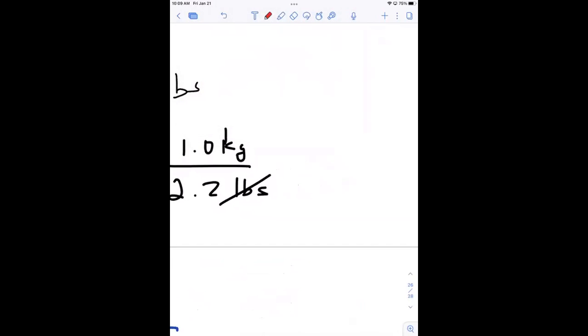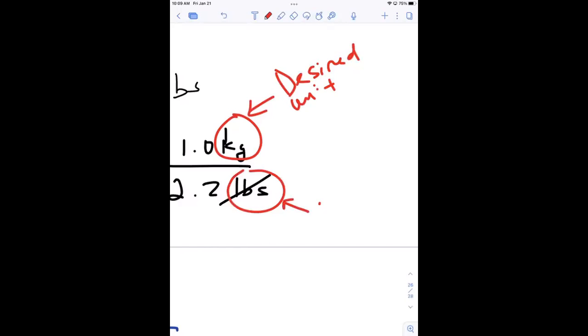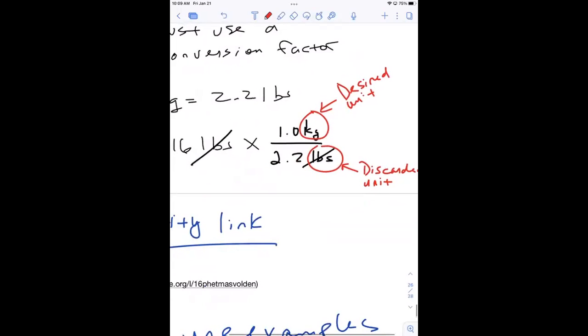So here you want, this is my desired unit. And down here is, we'll call it the discarded unit. So what I want to keep, I put in the top. What I want to get rid of, I put in the bottom so that the two would cancel.